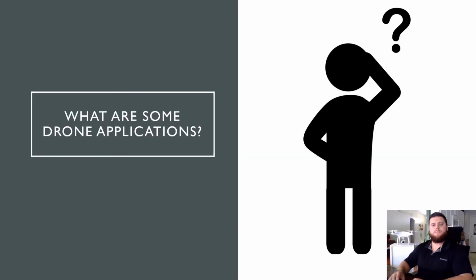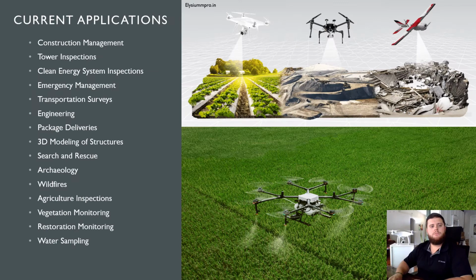So what are some drone applications? Some current applications being construction management, tower inspections. They're used for engineering, 3D modeling of structures, search and rescue, police department, wildfires, vegetation monitoring, water sampling.